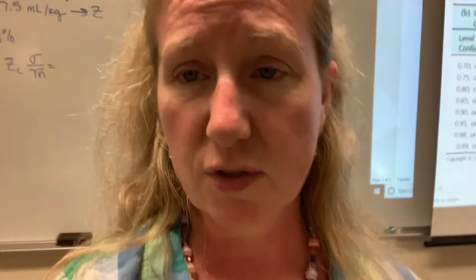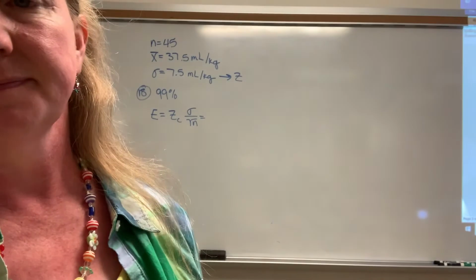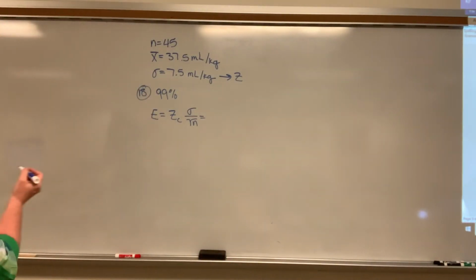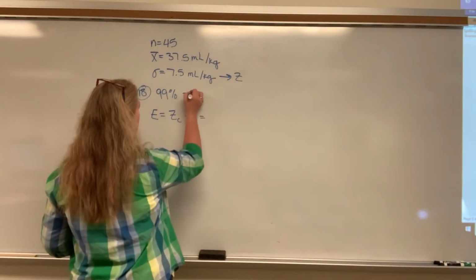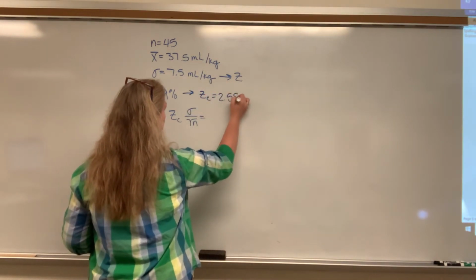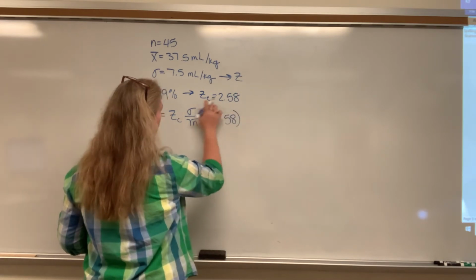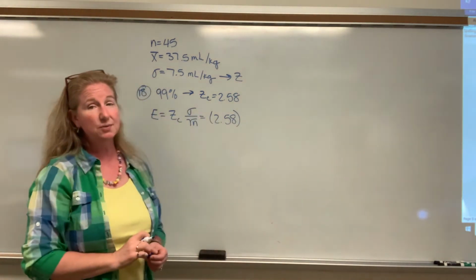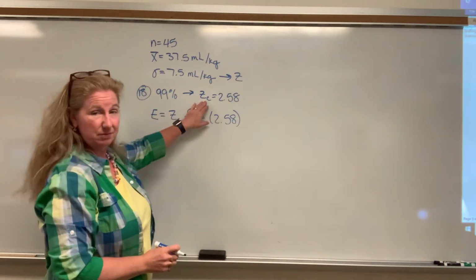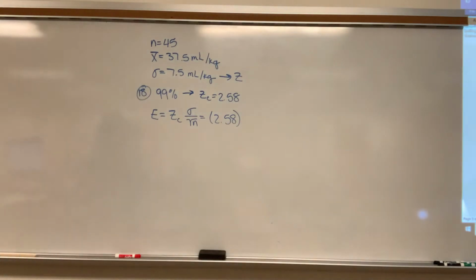So that's my Z score, 2.58. You might notice that sometimes I use an arrow instead of an equal sign. This is not equal. This is the Z sub C for that. There's a connection there, but it's not equal. So I'm always careful about using equal signs.